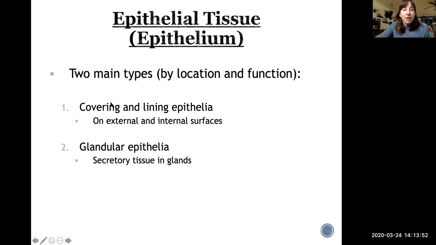The epithelium that is lining and covering body organs and our body as a whole and protecting it from the external environment is one main type. And then you've also got glandular epithelia, which is epithelial tissue that is specifically found in glands. And for that reason, it has important functions in secretion.